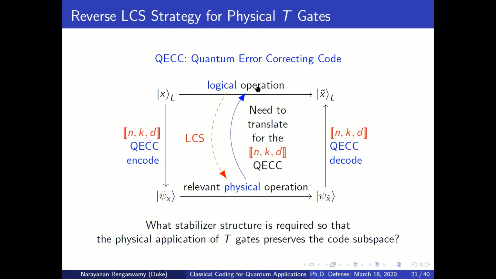So this is a reverse strategy, and I'm going to focus on T gates. I'm going to say, in my lab, I have n qubits, and I'm going to do T gates on them. How should I design my code such that this operation that I do with T gates maps code states to code states? So that's the question at a high level.